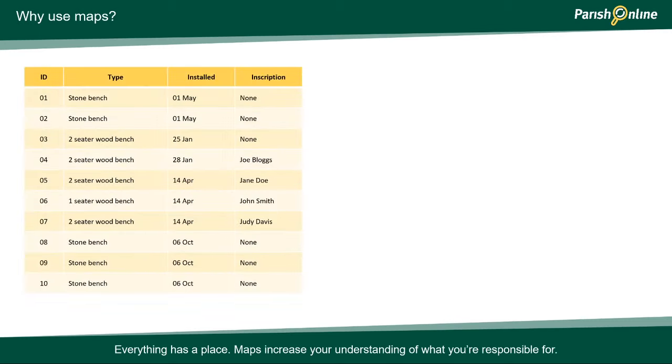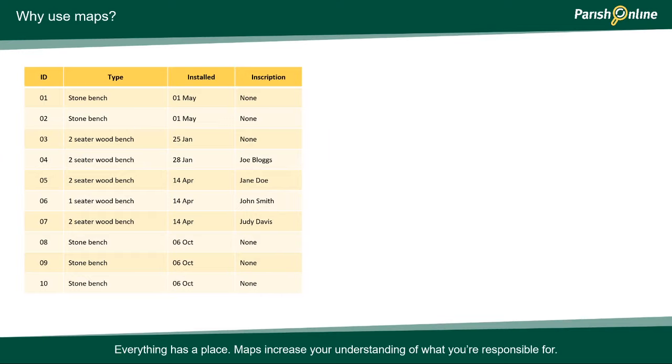Okay, so we'll start off with the very basics of this, and that's really why you would use maps at all. The argument that we give for this is you could have something like this on the left-hand side, a list or a spreadsheet of your assets, for example.